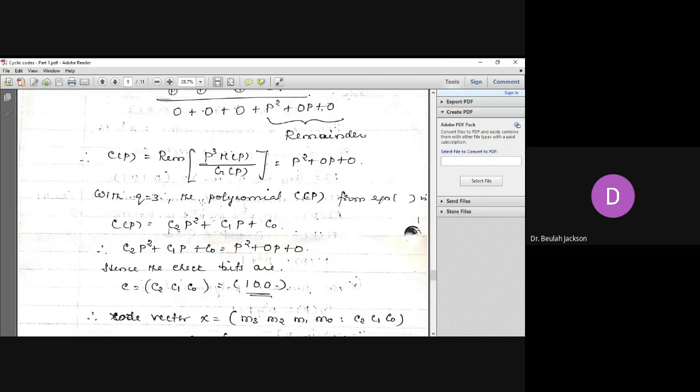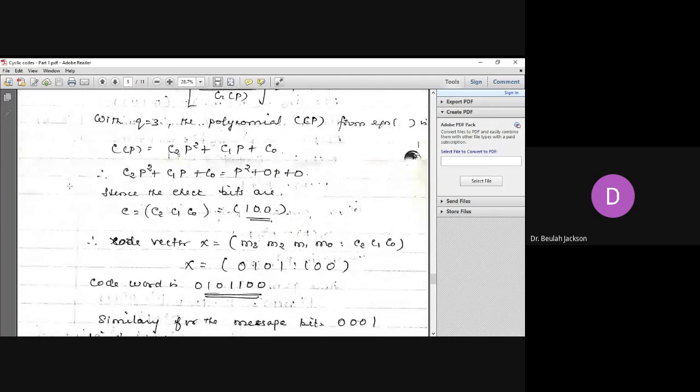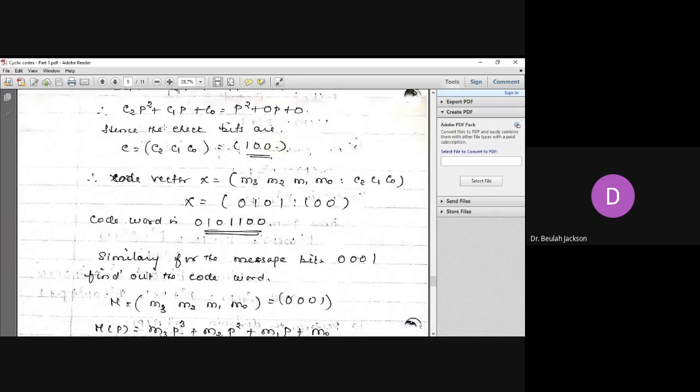So with q is equal to 3, the polynomial c of p is equal to c2 into p square plus c1 into p plus c0. So the check bits are 1, 0, 0. This is c2, c1, c0.